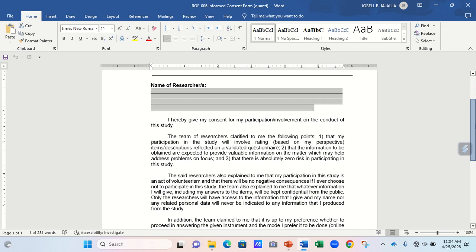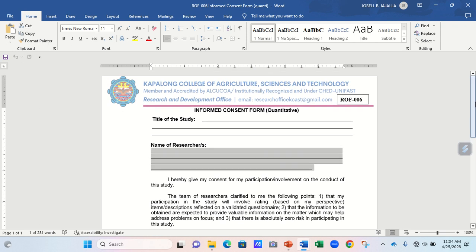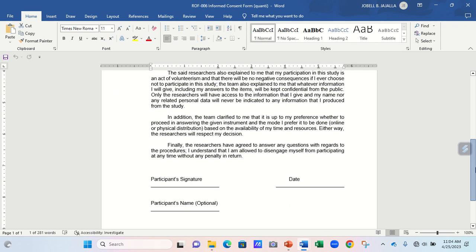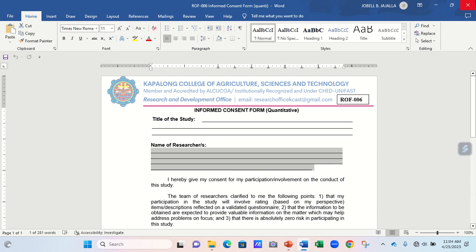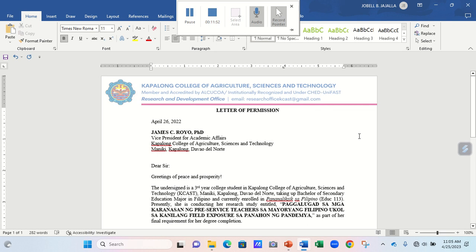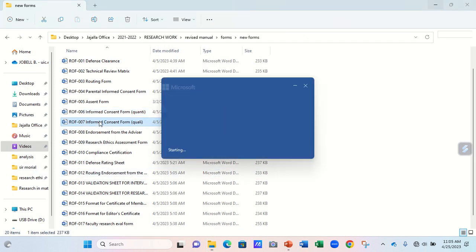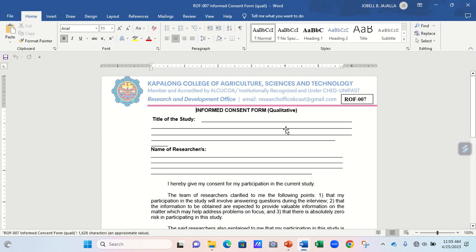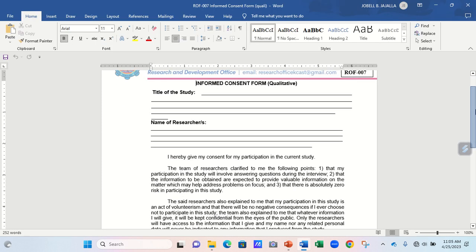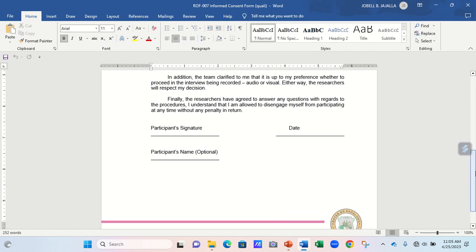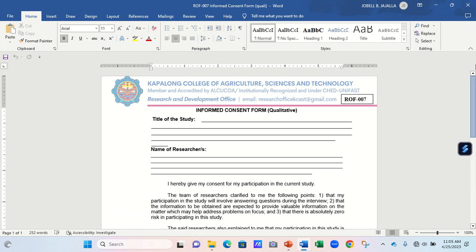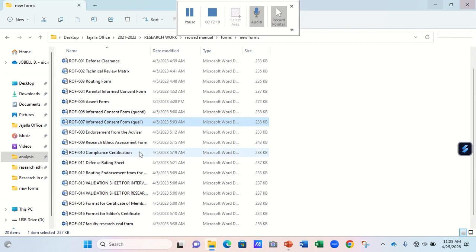This is what you submit, class, as form 6, as a draft. The same goes for the qualitative form: you write your title of the study and the names of the researchers. The fields below will be filled out by your participants in the future.